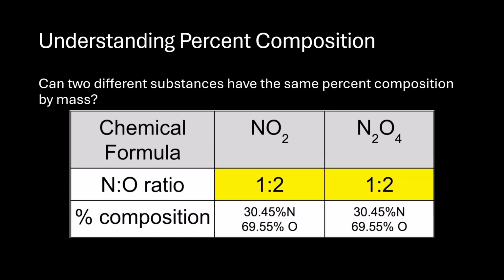And so the percent composition remains the same, even though that chemical formula is different and these are 2 different molecules. And that percent composition ends up being 30.45% nitrogen and 69.55% oxygen for both of them. So yes, 2 different substances can have the same percent composition by mass if they have the same base ratio.